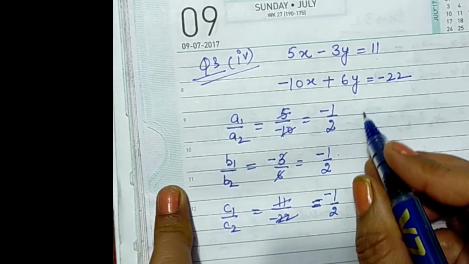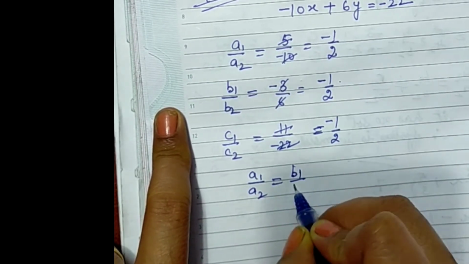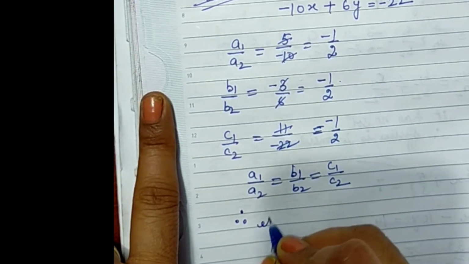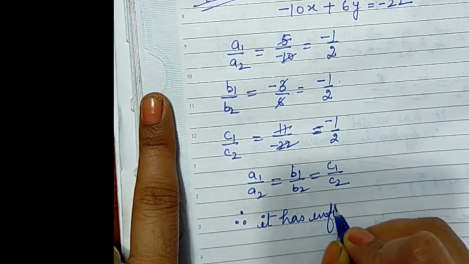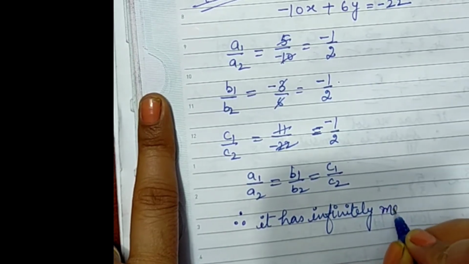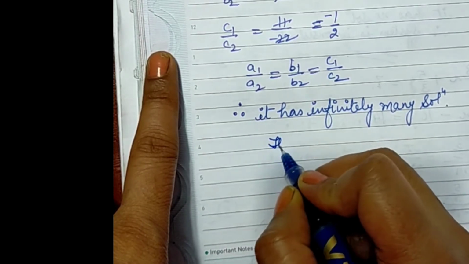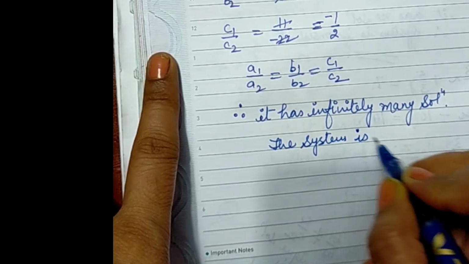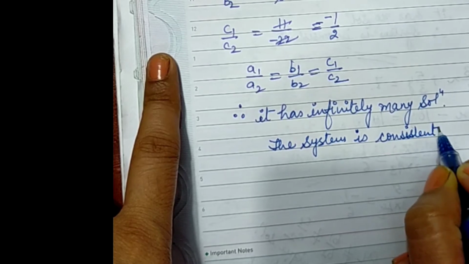So now you can see all the ratios are equal. Therefore there are infinitely many solutions. If it has infinitely many solutions, that means the system is consistent.